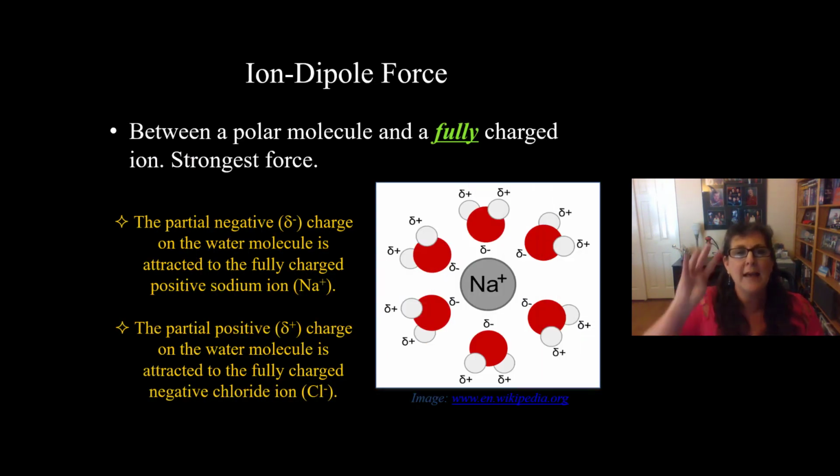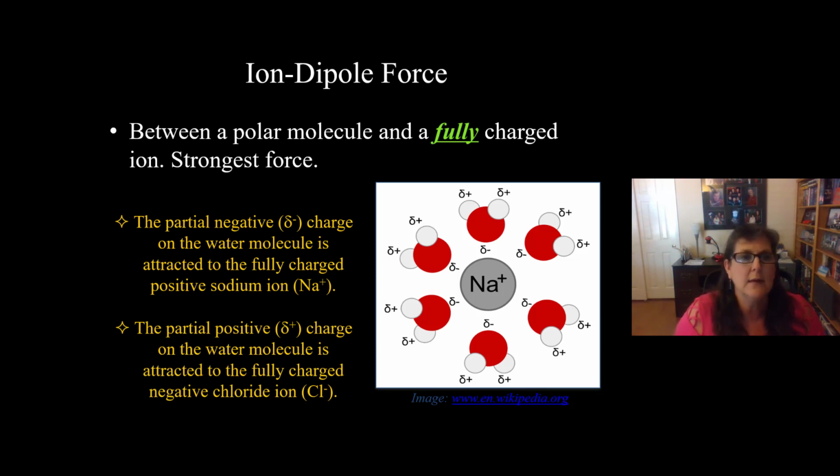And this brings us to our last and final force, the fourth force, the strongest one yet, ion dipole force. Now this occurs between a polar molecule and a fully charged ion. This is the strongest force.